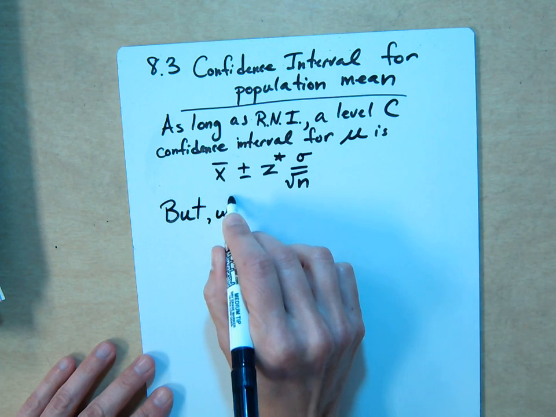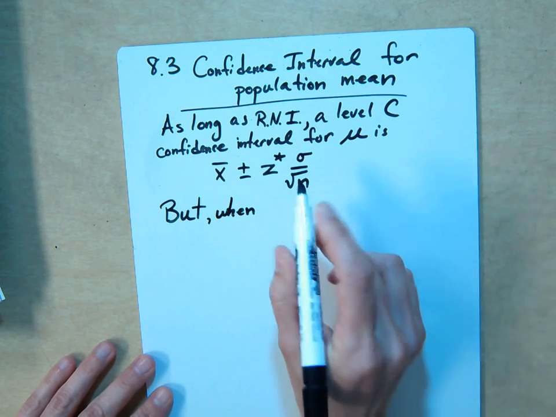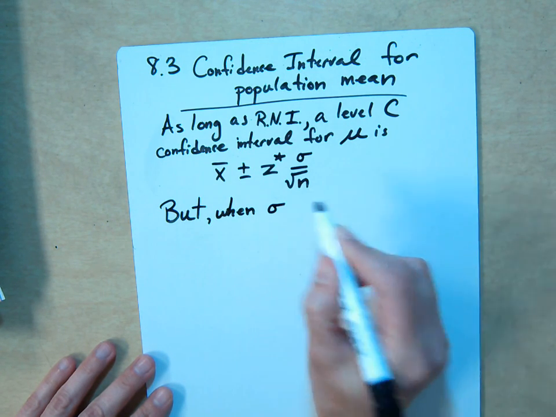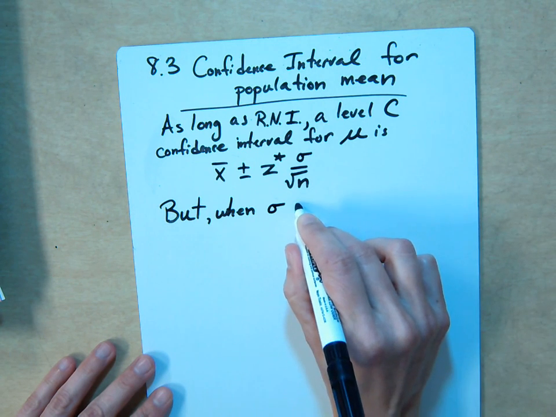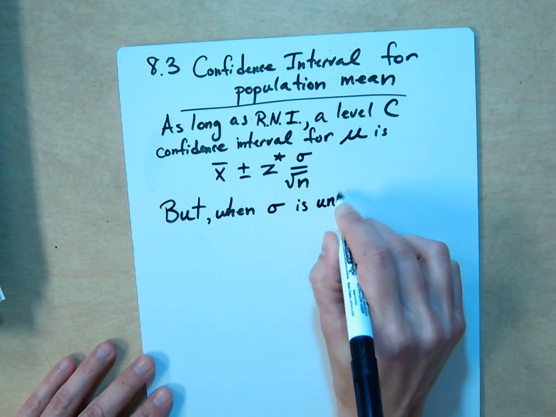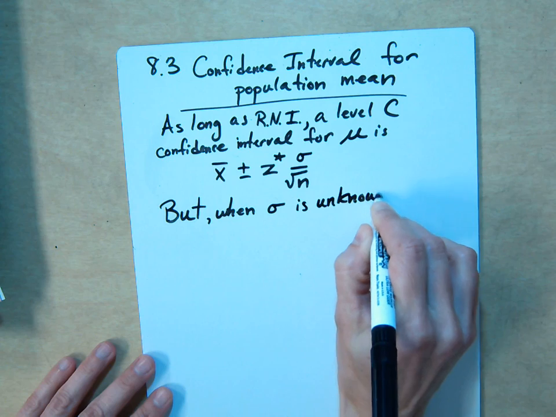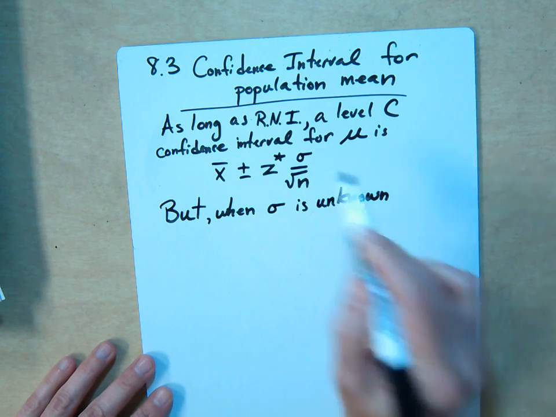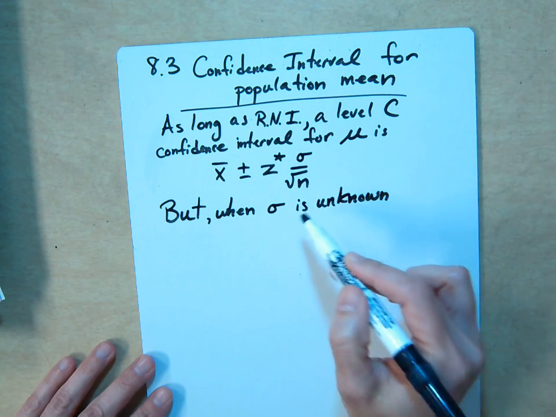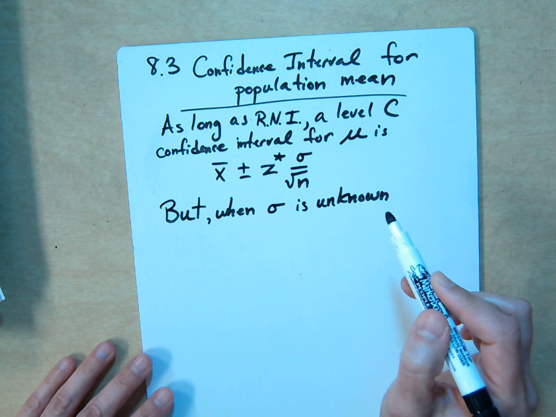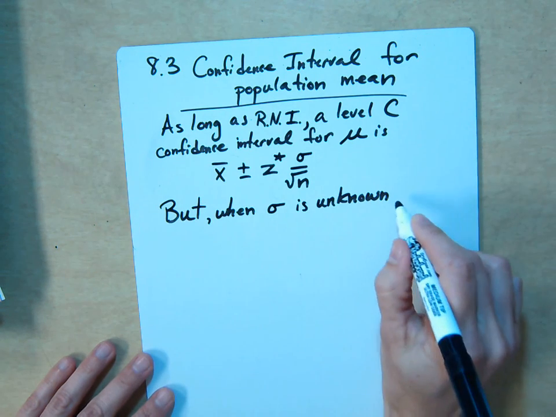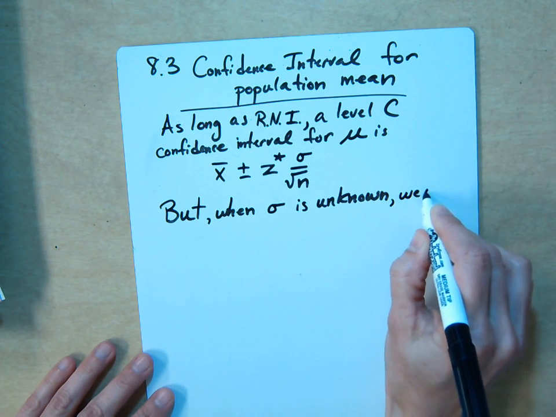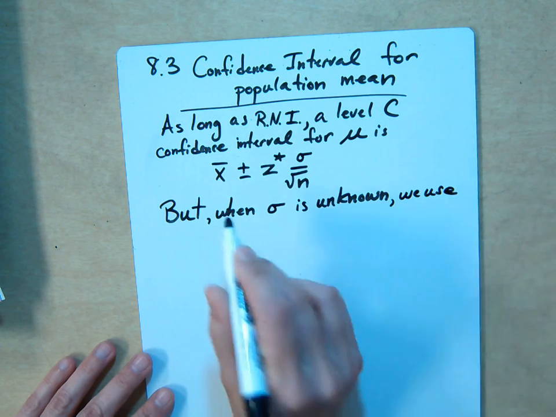When the population standard deviation is unknown, which is more typical, we can't use this formula if we don't know what the standard deviation is. So when it's unknown, we're going to use a t distribution.